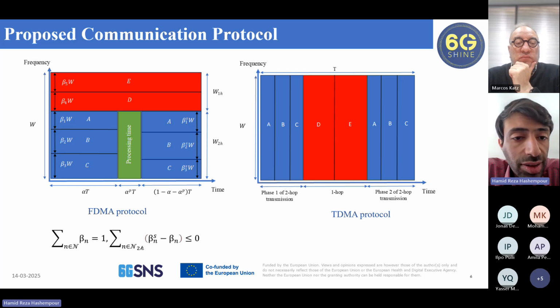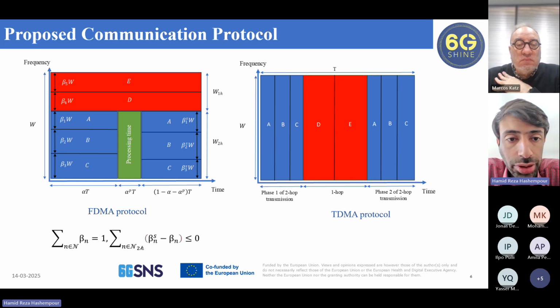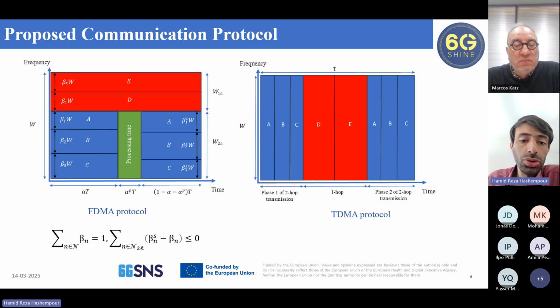In this slide, you can see the different protocols that we used for our transmission. We consider two protocols. First is TDMA, where, as you know, we use orthogonal time resources for transmission.